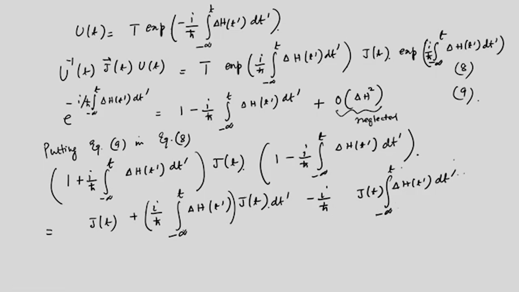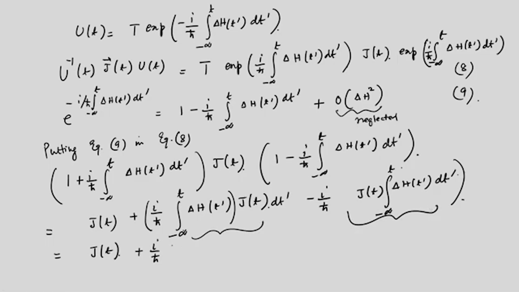So this is your term, and this can be written as J(t), that is the first term, and then I have plus i over h cross. Now you see that this is a delta h J and this is J delta h, so this is like a commutator.